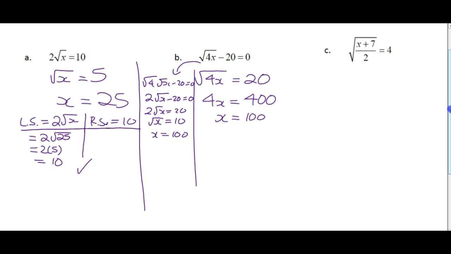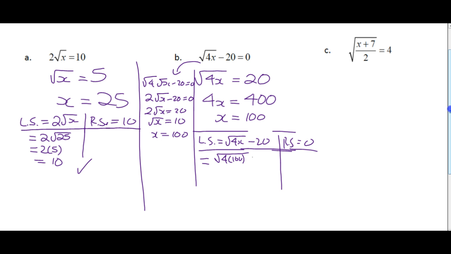Okay, now let's verify this. The left side is the square root of 4x, minus 20. The right side is equal to 0. So it's the root of 4 times x, which we think is 100, which will be root 400 minus 20.